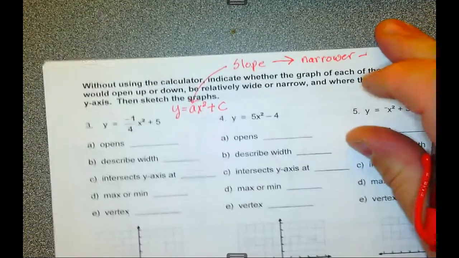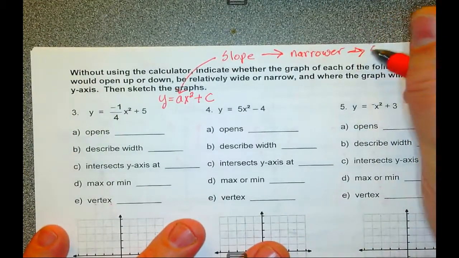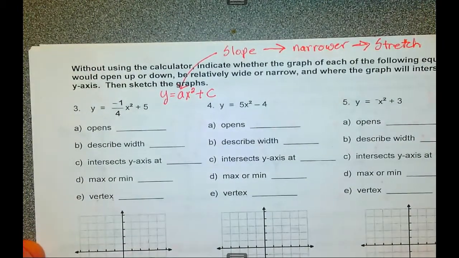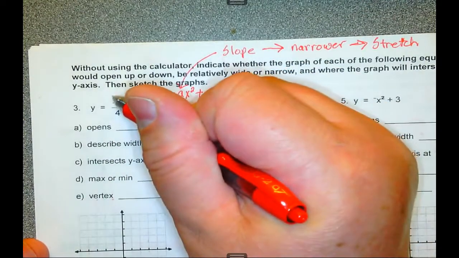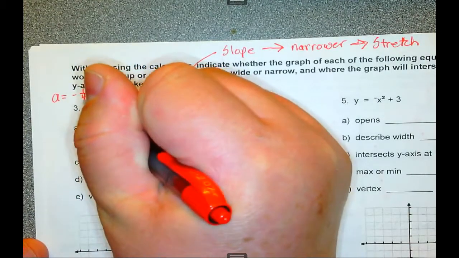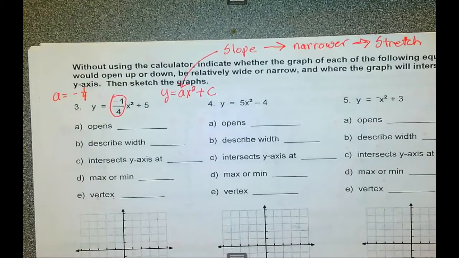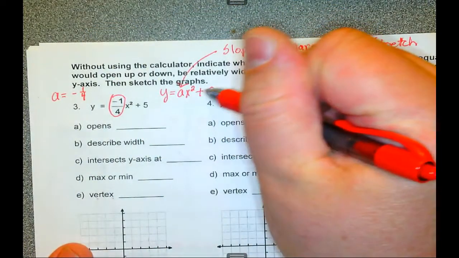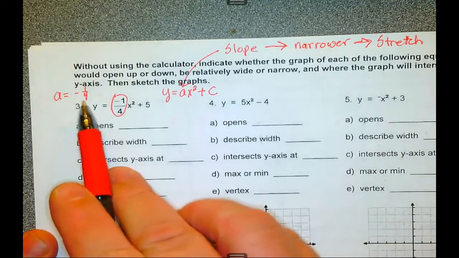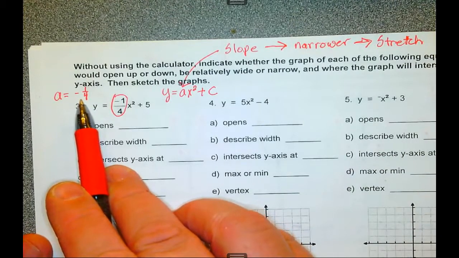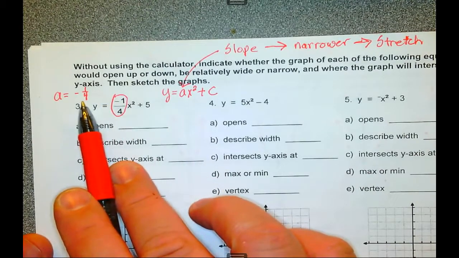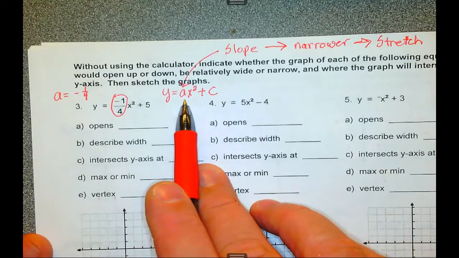And if you want to use the correct mathematical term, stretched. Okay? So looking at our a here, our a equals negative 1/4. Now remember, in our parent function, y equals ax squared plus c, a is 1. So actually this is smaller than our parent function, right? The absolute value of negative 1/4 is 1/4, which is smaller than the parent function number 1, right?